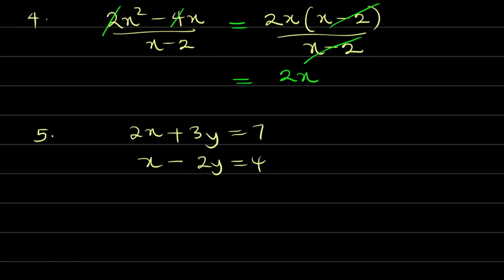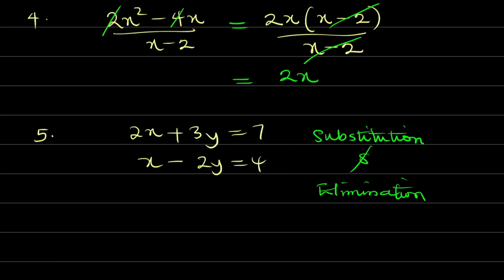There are a few methods available for us to solve simultaneous equations, but for this particular one, we are going to be using both the substitution method and the elimination method. We can use either of them first. So I'm going to use the elimination method.